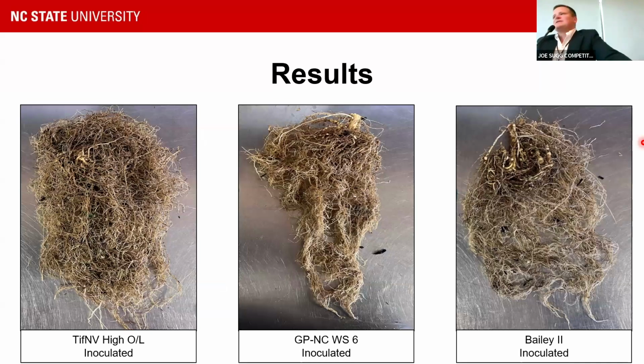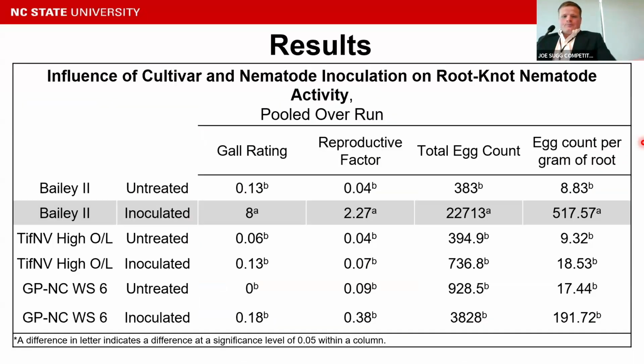Again, just some visual representation on that. On the left side you have the TIFF-NV, in the middle the GPNCWS6, and then our Bailey 2 on the right. These were all inoculated, and it's clear to see the performance difference between our two on the left compared to our Bailey 2 on the right, showing that increased galling at the base of the plant.